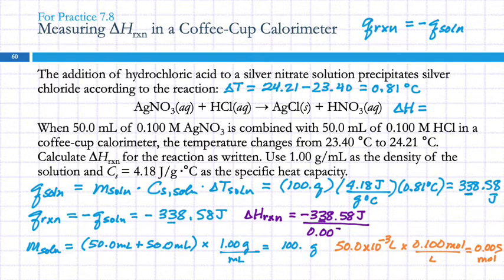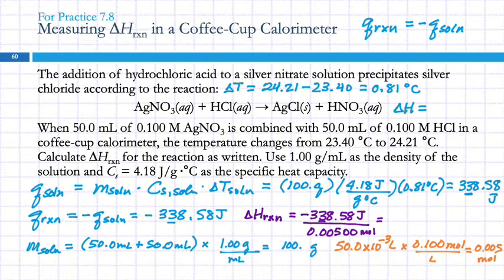I didn't write that very well because I was out of space. The 50 had 2 zeros after it. It had 3 sig figs, and this had 3 sig figs. The way I wrote it there was only 1, so it's actually like this, moles.